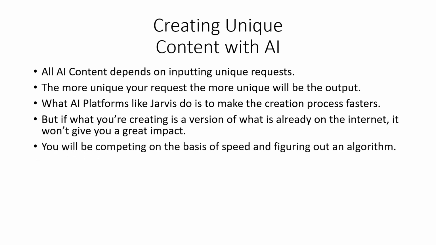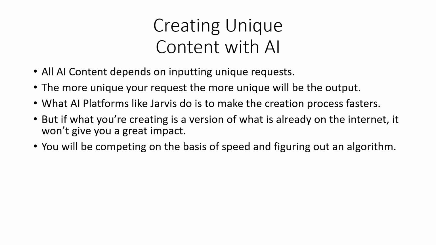When you are using stuff that's already on the internet in terms of what you're feeding it, you're competing on the basis of speed. So, let's say you're going to talk about Facebook ads. There's plenty of stuff out there on Facebook ads unless you've got some unique take on it.